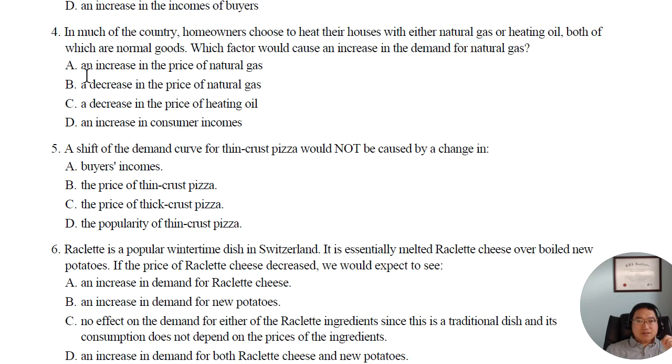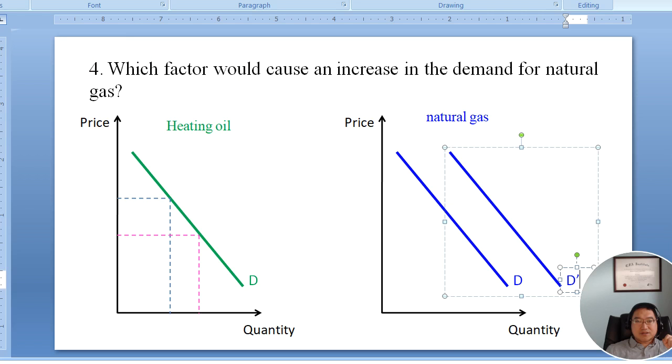Now, an increase in the price of natural gas, and a decrease in the price of natural gas: this doesn't move the demand curve. A decrease in the price of heating oil, how about this one? This is interesting.